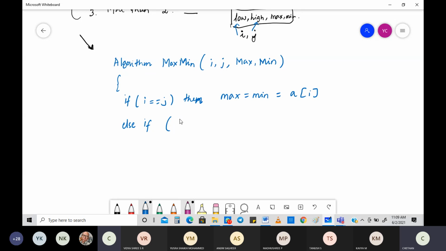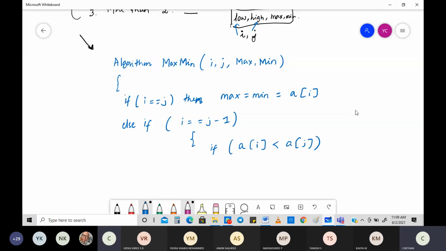Then you write: if a of I is less than a of j. What is the meaning of that? A of j is greater. Keep that in mind.